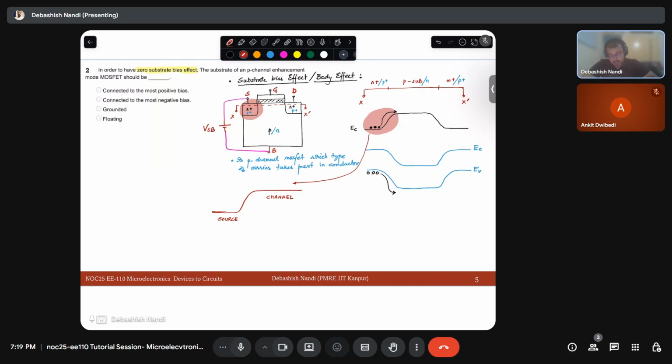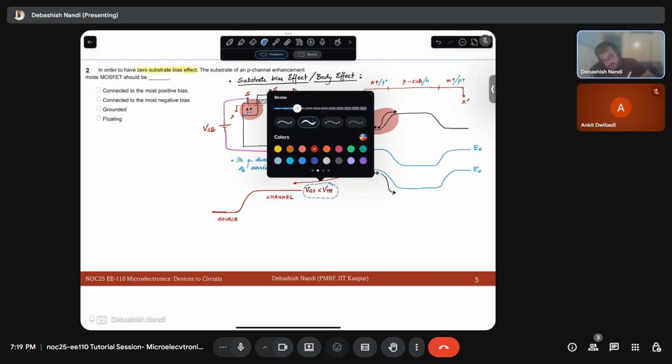So what will happen in this scenario? First thing is that this is the case when my VGS is less than VTH, right? Then I will have this energy barrier.